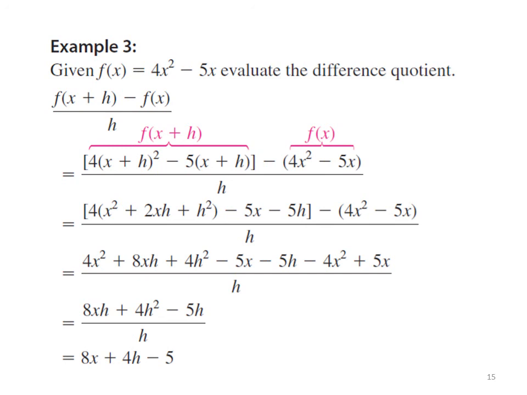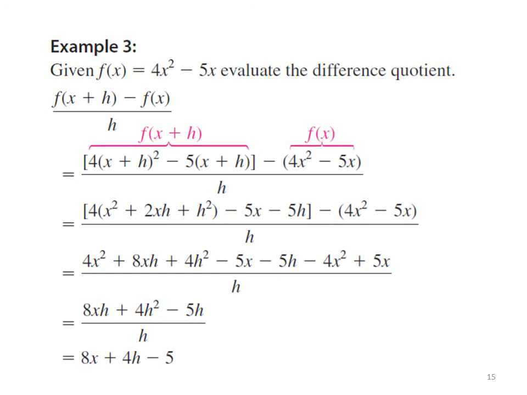Now at this stage there will always be some cancellation. You can cancel the 4x squared with the minus 4x squared. You can also cancel minus 5x with plus 5x. So we are left with 8xh plus 4h squared minus 5h divided by h.